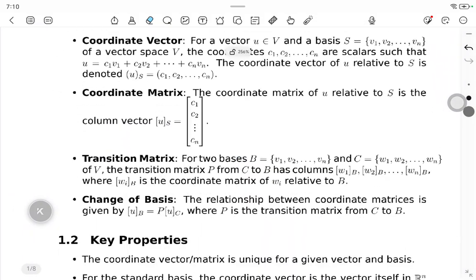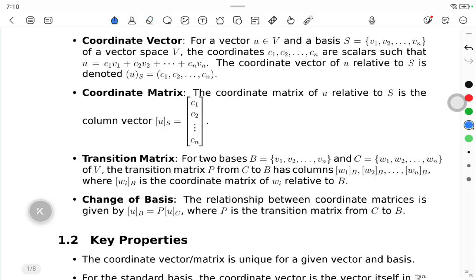Then when we come to a transition matrix, it is made out of the coordinate matrix. You see, right? The transition matrix is going to be made out of the coordinate matrices, which are going to be placed in order. So we'll see that when we come to do, I think it's number 3.